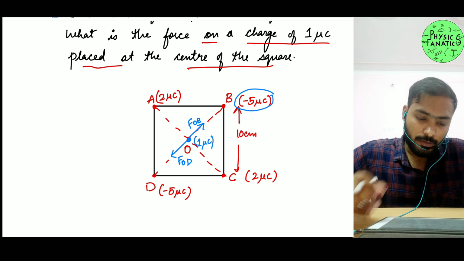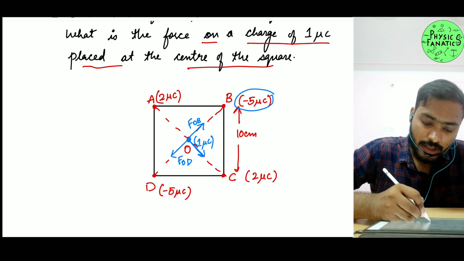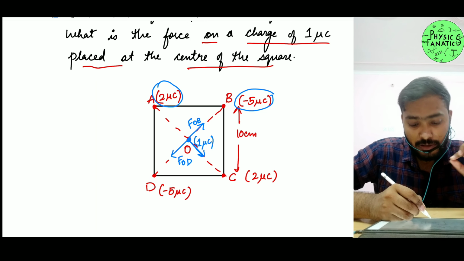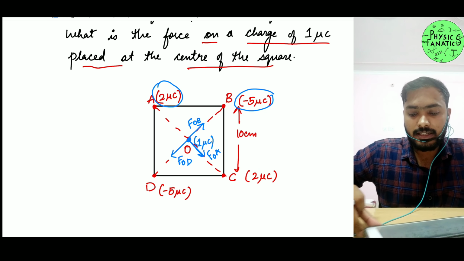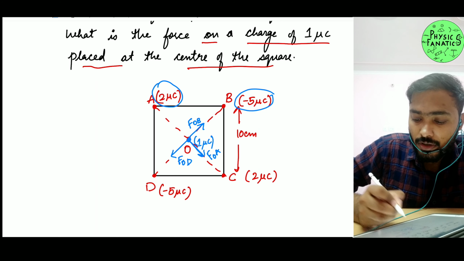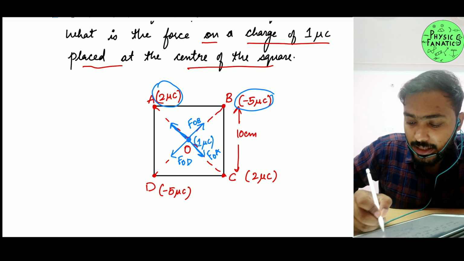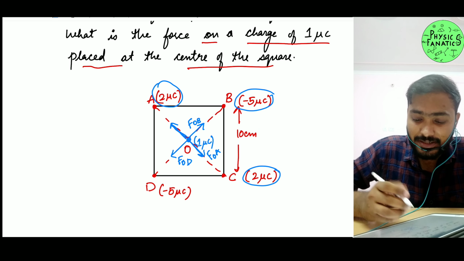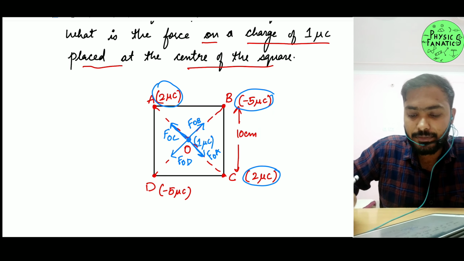Now let's talk about the force on O because of A. It will be in this direction, because your A charge is positive and the charge kept at O is also positive. Very similarly, the force on O because of C will be in this direction, because C has a positive charge and O is also positive.